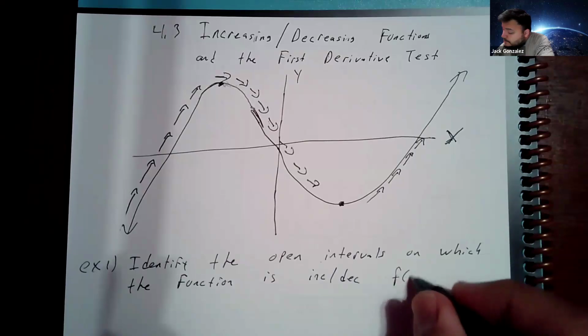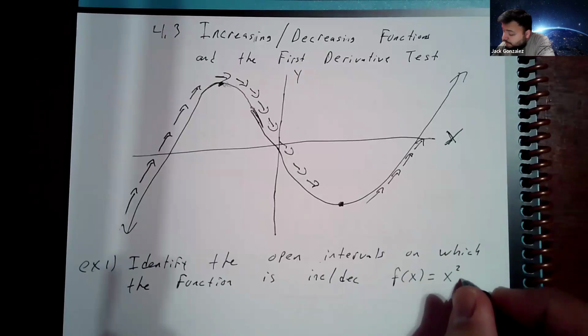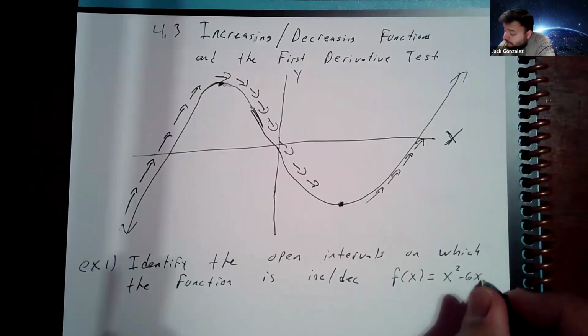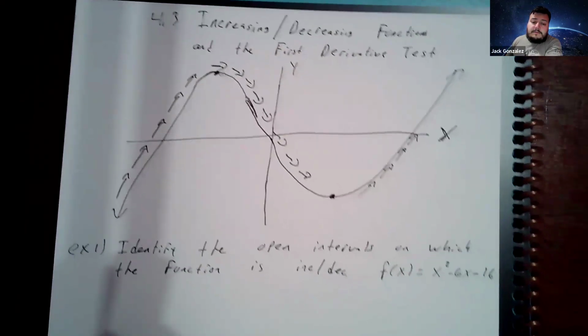Here's the function f. We'll start with something really simple, just a parabola, because you can already figure this out without calculus, but we want to do it using derivatives just so we can practice.